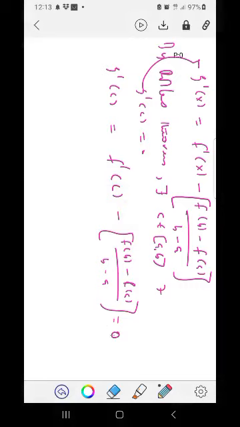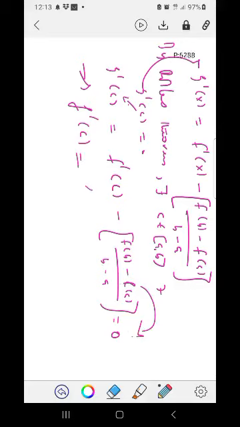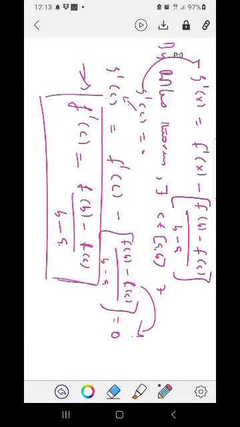Okay, so what else? We know that G C is zero, all right? So G C here is zero, which implies that F prime at C is in fact, so we just move this one to the other side, it's in fact F B minus F A over B minus A, which is exactly what we set out to prove in the Rolle's theorem.